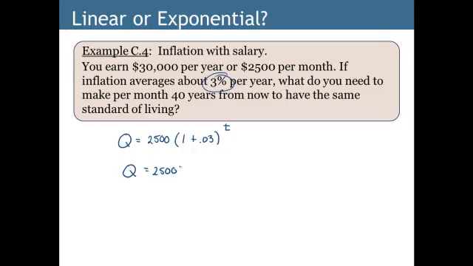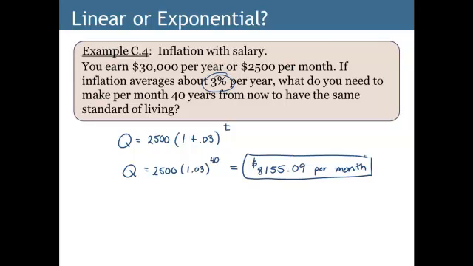So 2,500 times 1.03 to the 40 years later, throw that in, and $8,155.09 per month. So due to inflation, if inflation is an average of 3% per year, which historically is about right, in 40 years you'd need to make $8,155 just to have the same standard of living. So I hope you keep getting raises. I hope I keep getting raises.